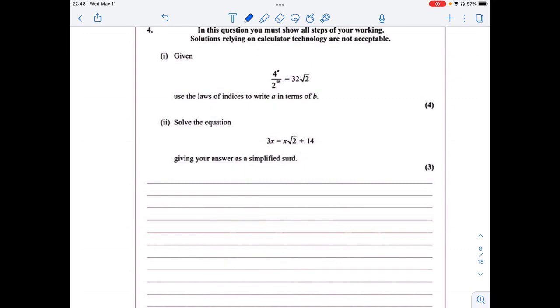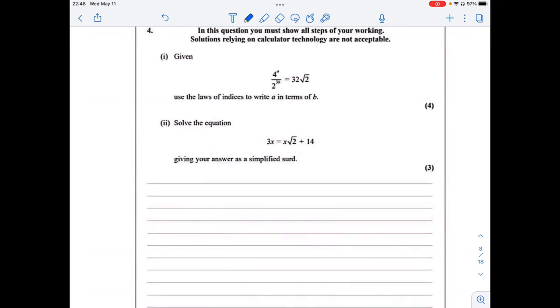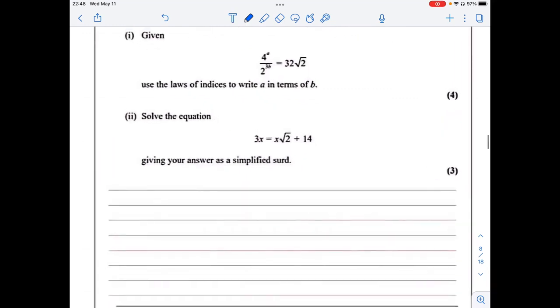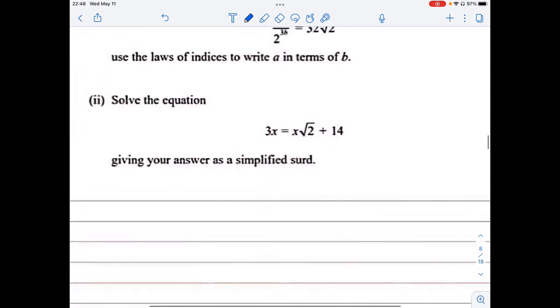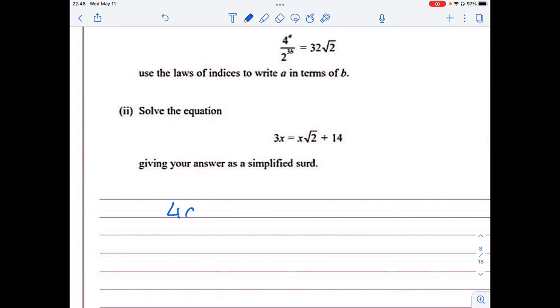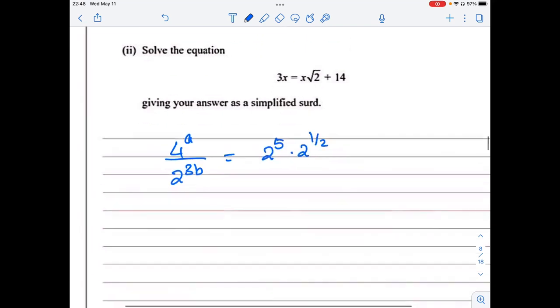Coming to question number 4, use the laws of indices to write a in terms of b. So 4 power a upon 2 power 3b equals 32 root 2. 32 can be written as 2 power 5, root 2 can be written as 2 power 1 upon 2. 4 can be written as 2 square. So upon 2 power 3b equals 2 power 5 plus 1 upon 2.